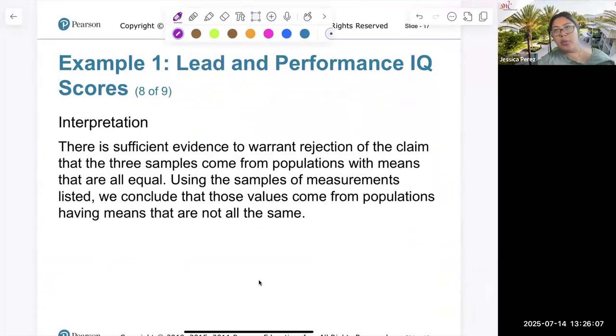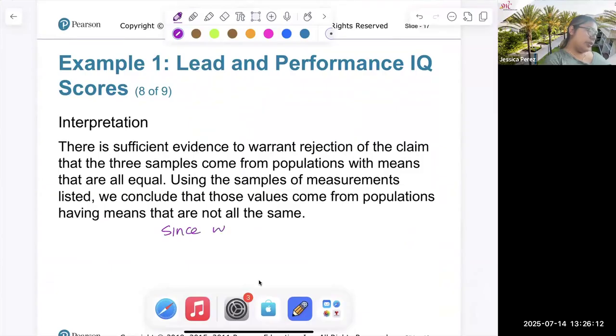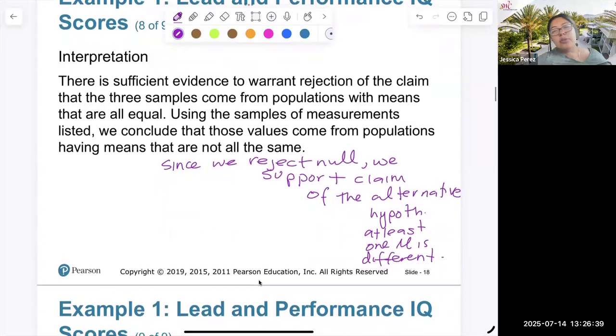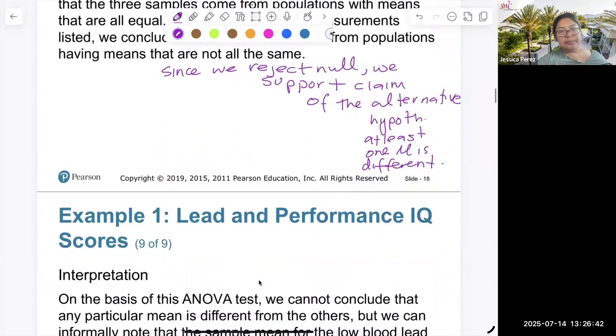So since we reject the null, we support the claim of the alternative hypothesis, that not all means are equal, at least one mean is different. Okay, so that would be our interpretation.